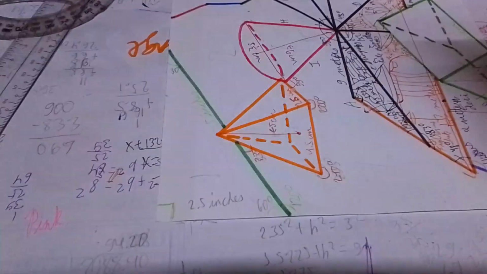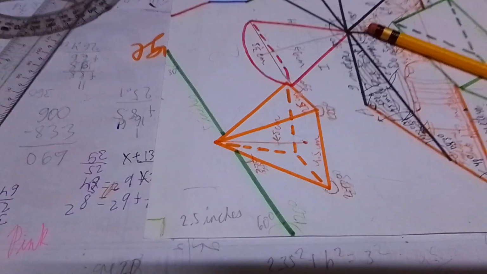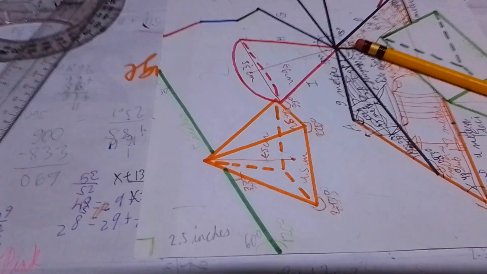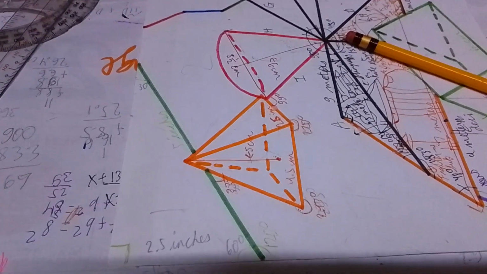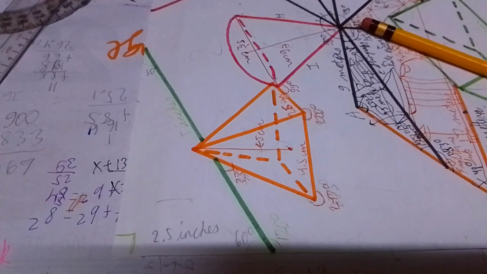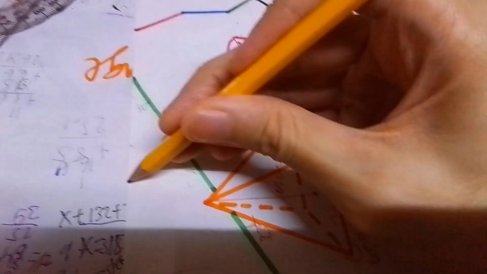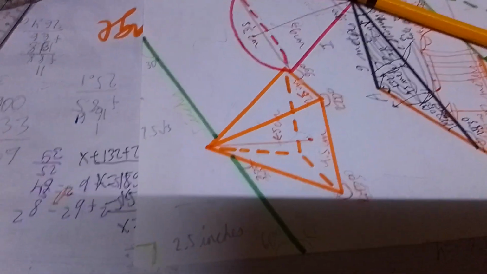And then for the long leg, which you call the height, for a 30, 60, 90 degree triangle, the measure is the measure of the short leg times the square root of 3. So therefore, it's 2.5 times square root of 3. When we solve that via calculator, what's our answer?